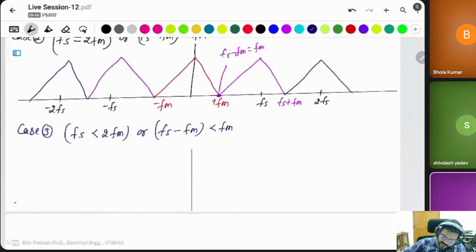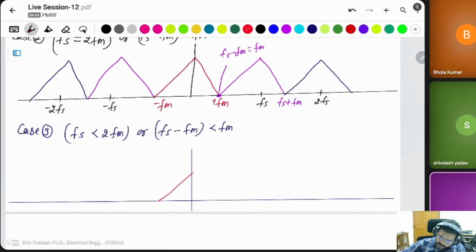What happens in this case? Simple signal, I write this one: minus Fm plus Fm. This is 0. Next is Fs. Next is 2Fs.